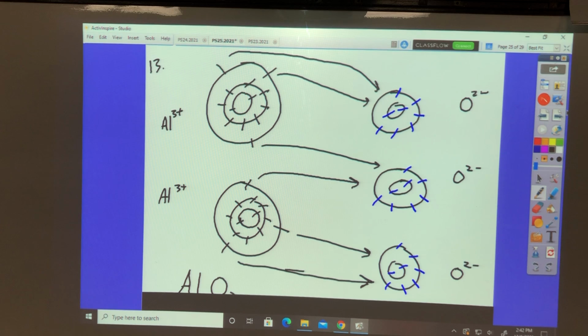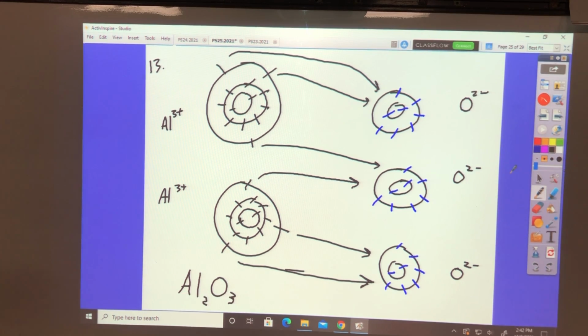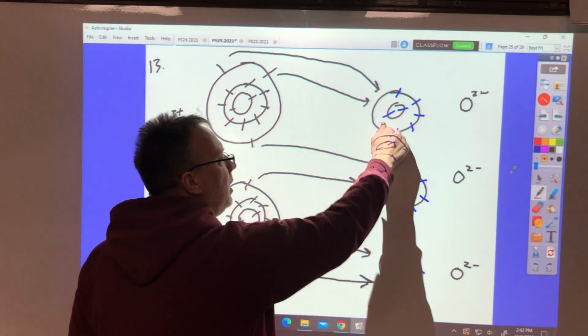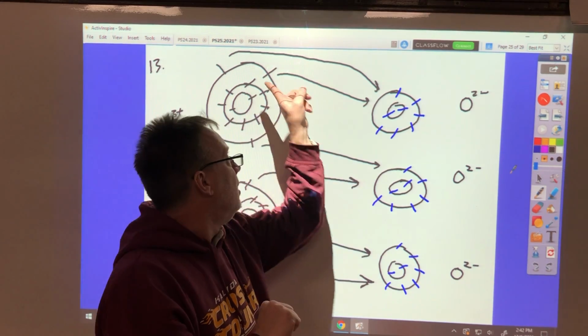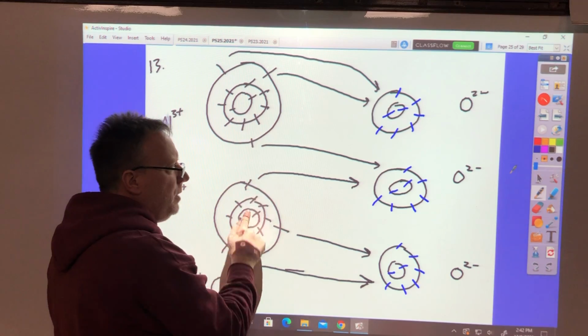Ta-da! And it becomes Al2O3, because I have 1, 2 aluminum and I have 1, 2, 3 oxygen. These fingers count electrons. These numbers count atoms.